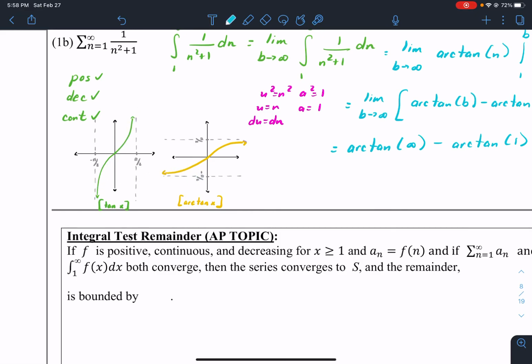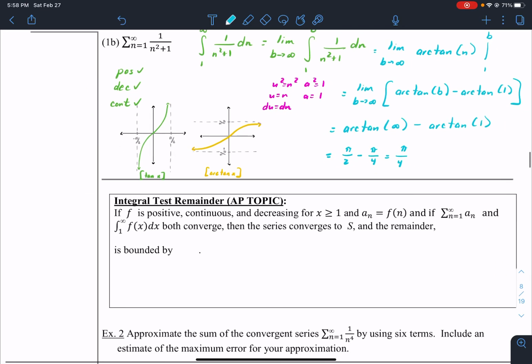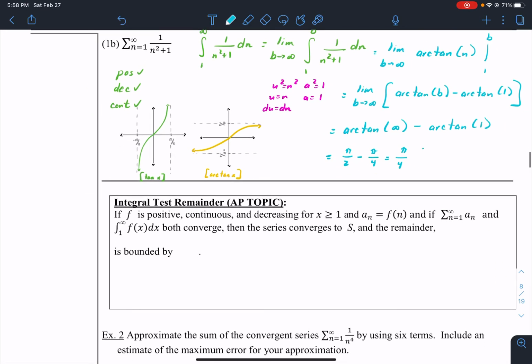So recognize the graphs and what those look like. So this is going to be pi over 2 minus pi over 4. So I'm getting pi over 4 as my limit, right? I'm approaching pi over 4. So I can confidently state that since I'm approaching a value, my series converges by integral test.